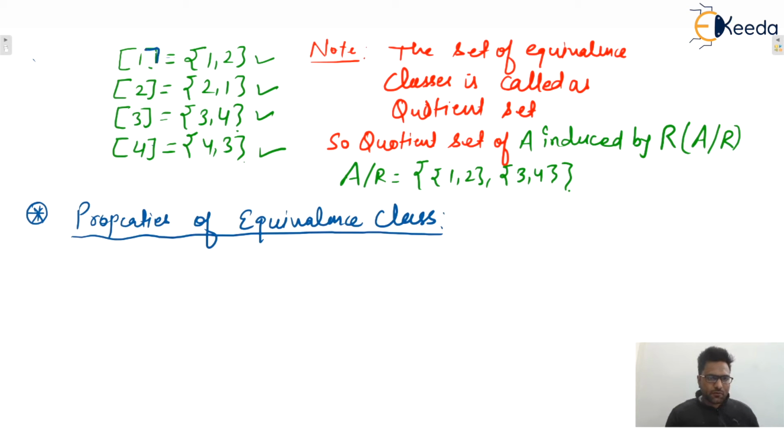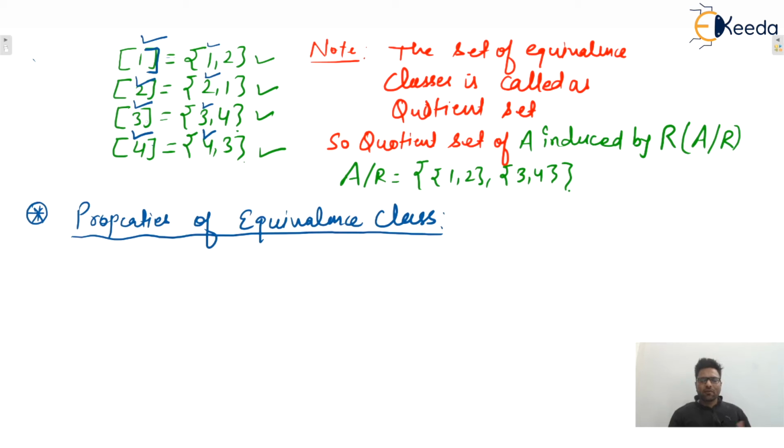We can observe from these equivalence classes that 1 belongs to the equivalence class of 1, 2 belongs to the equivalence class of 2, 3 belongs to the equivalence class of 3, 4 belongs to the equivalence class of 4. Why?